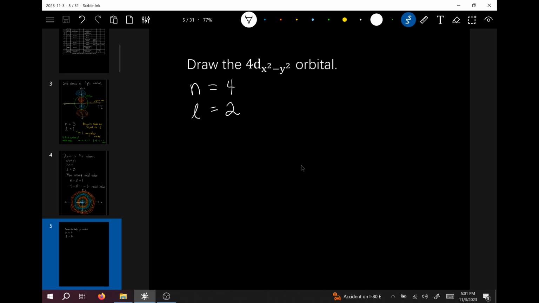So let's assign our L value, the number of angular nodes here. Since L is equal to 2, I should have 2 angular nodes. And in order to find the number of radial nodes, recall that the equation is n minus L minus 1.